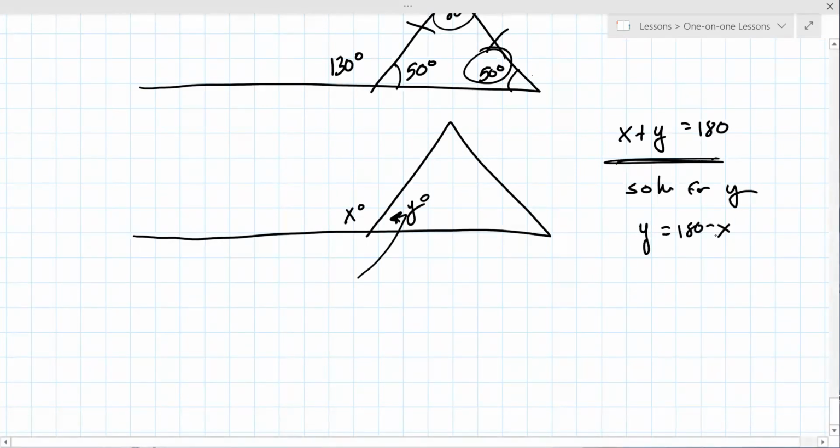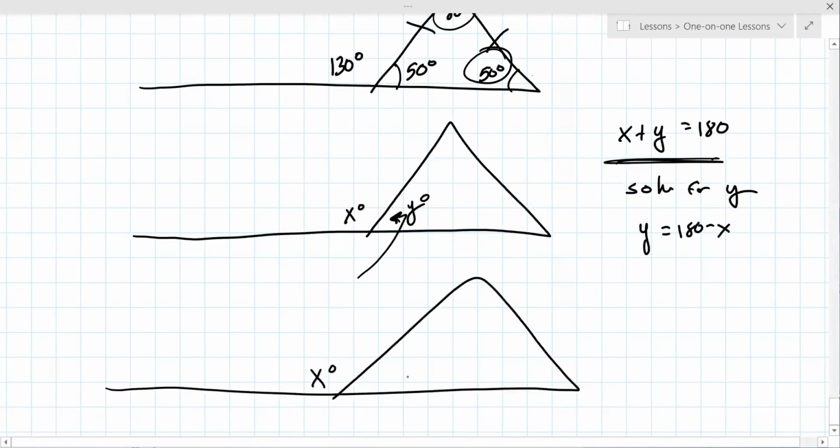Okay, so let's redraw our picture here. If this is x, what is this right here where I'm pointing? 180 minus x.